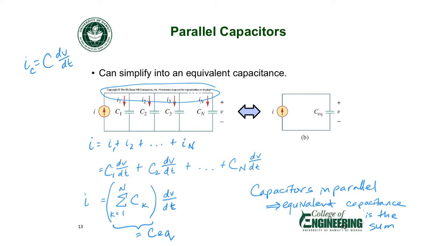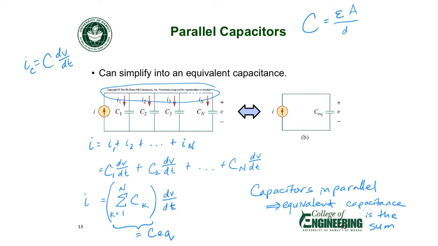This also makes intuitive sense if we think about the capacitor equation. The equation for capacitance was the permittivity of the material between the two plates of the capacitor times the area of the capacitor plates divided by the distance between the capacitor plates.